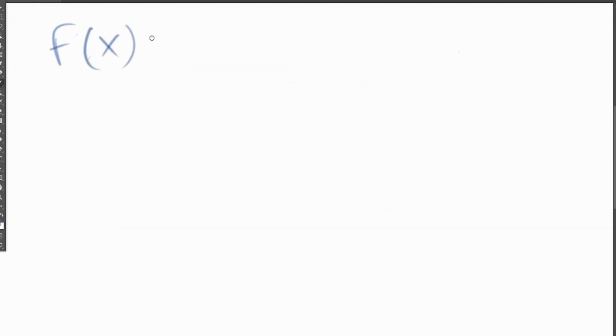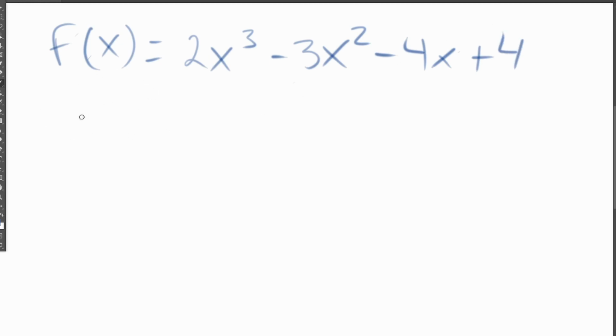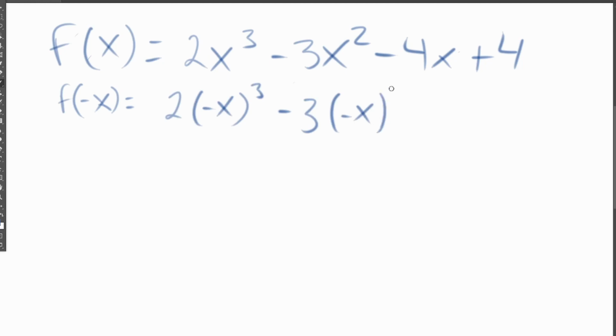Now let's try 2x cubed minus 3x squared minus 4x plus 4, and we'll replace all the x's with the negative x. So we have 2 times negative x cubed minus 3 times negative x squared minus 4 times negative x plus 4.